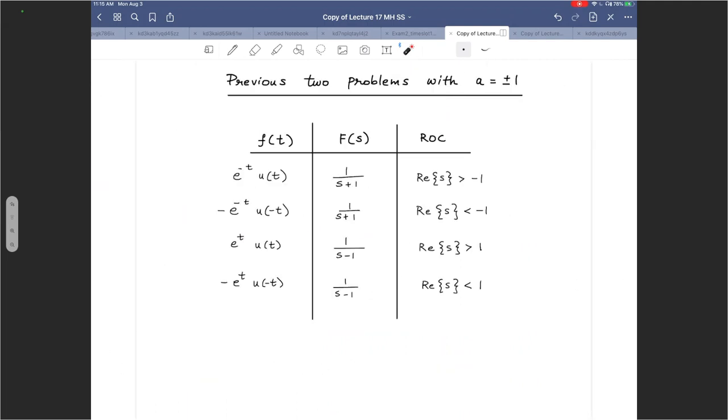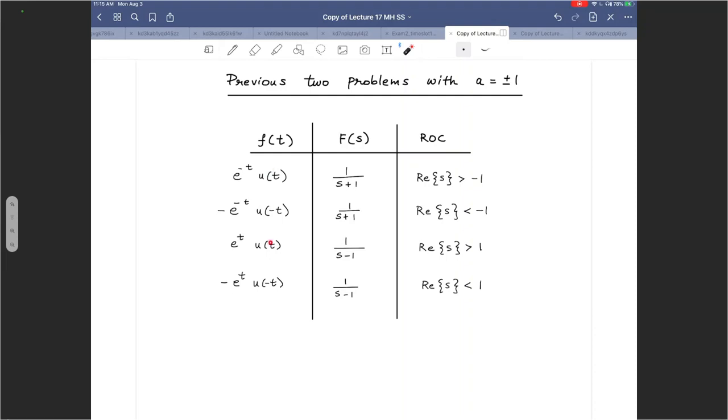All right. Now, in the previous two problems, because I had a as an arbitrary real number, I could associate a positive value with it and a negative value with it. So I'm writing a table over here with a being plus or minus 1. So those two results have become 4 things now: e to the minus t u of t, negative e to the minus t u of minus t, e to the t u of t, negative e to the t u of minus t.